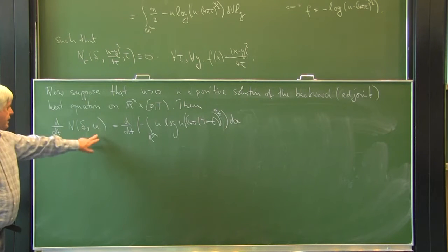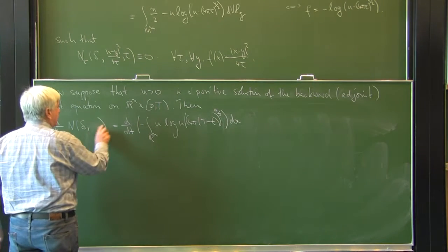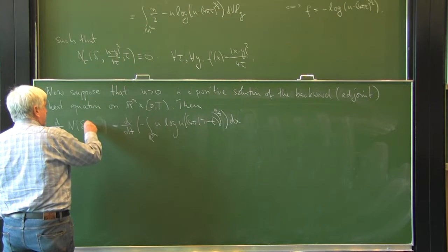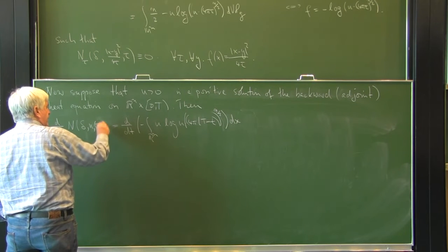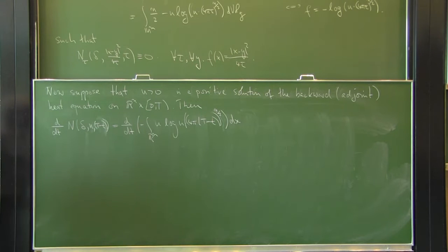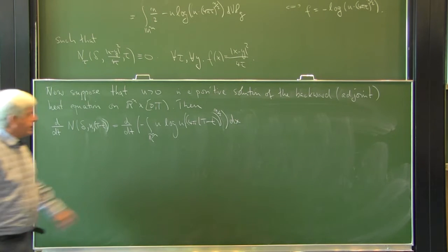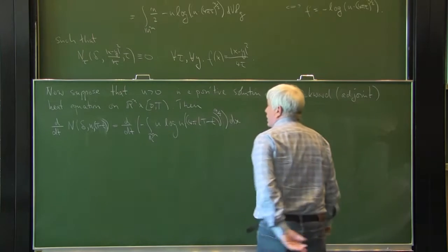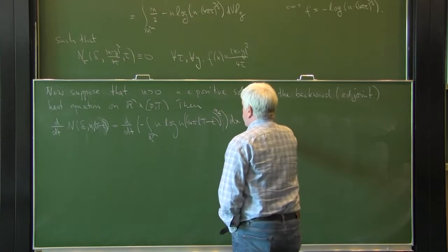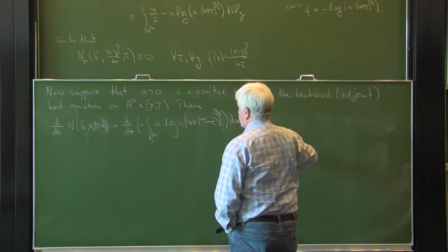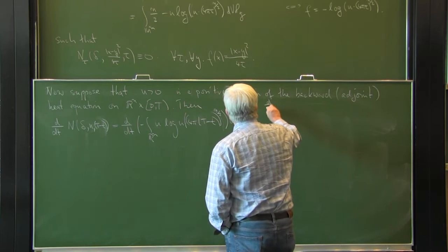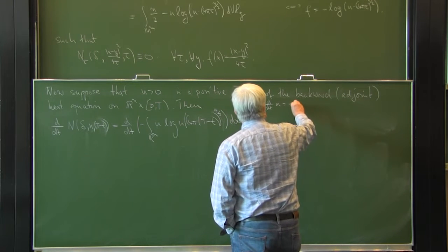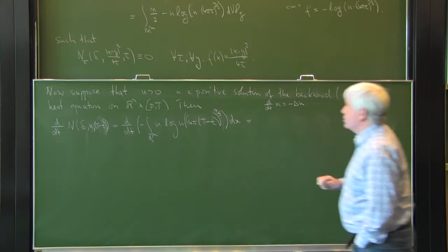And so in this case the tau is the T minus t, right? And differentiating this, because we have the backward heat equation, we have d/dt of u equal to minus Laplacian of u.